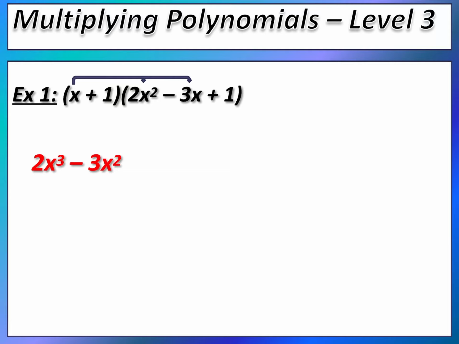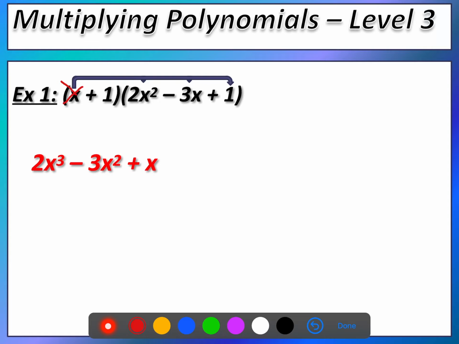Multiply the coefficients, add the exponents. Okay, and finally the third term of our trinomial gets me plus x. Okay, so this term in the binomial has now been multiplied and it's done. So if you want to cross it off, just like I have, might not be a bad idea.